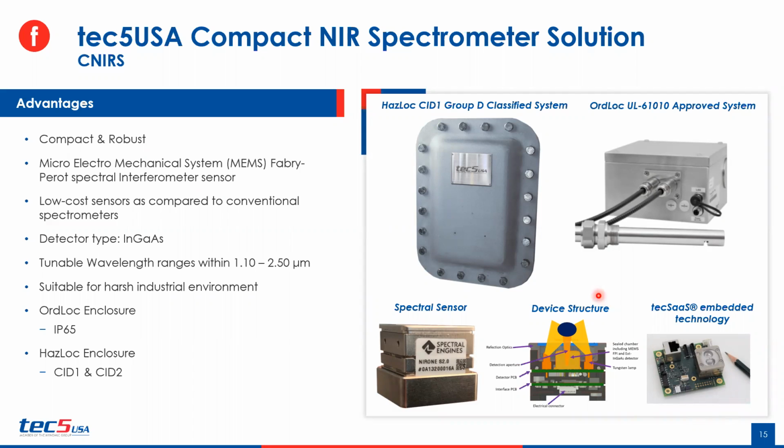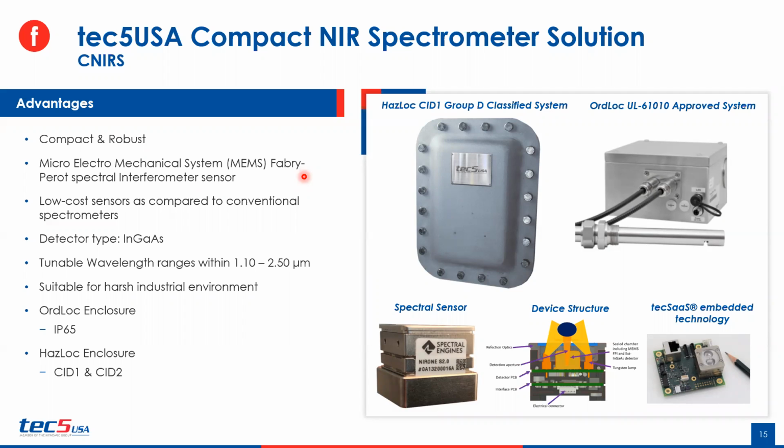So in addition to these components, these are equipped with MEMS or microelectromechanical system devices, and in this case here, a Fabry-Perot interferometer. So not only do these pieces of equipment allow for the compact size, but they also introduce a lower cost sensor as compared to conventional spectrometers.